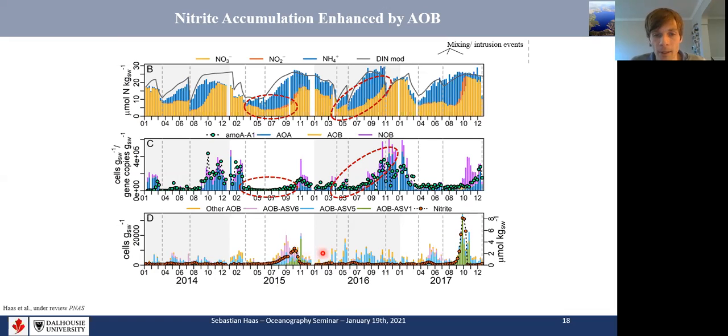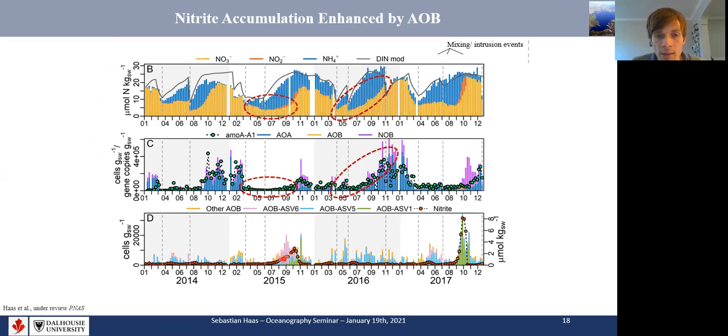And this makes a lot of sense if you know from literature that bacterial ammonia oxidizers are faster growing than archaeal ammonia oxidizers. So what we think happens here is that after the strong mixing in 2015, the bacterial ammonia oxidizers can outcompete the archaeal ammonia oxidizers, which are represented by these green. This is the archaeal amoA, and you see how the bacterial ammonia oxidizers peak prior to that.